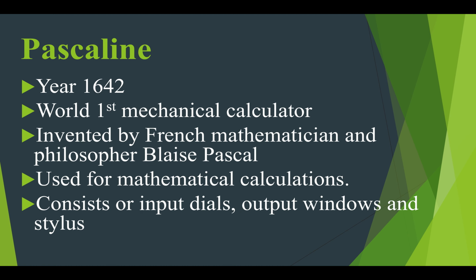Pascaline. The next one is Pascaline. In the year 1642, French mathematician and philosopher Blaise Pascal invented the world's first mechanical calculator. It was used for mathematical calculation. It consists of input dial, output windows and stylus.